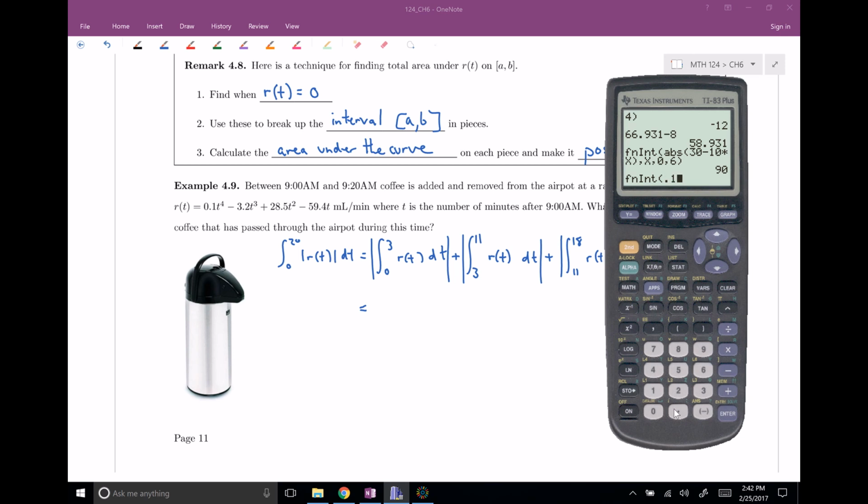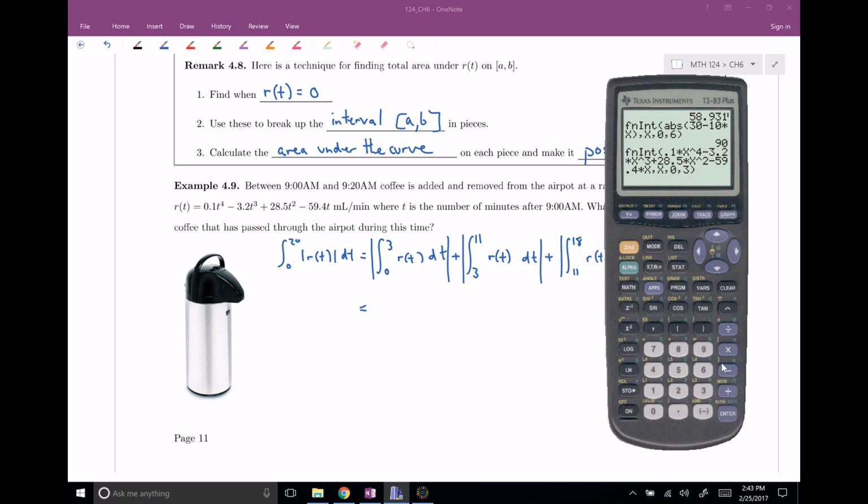So 0.1 times x to the 4th power, and then minus 3.2 times x cubed, plus 28.5 times x squared, minus 59.4 times x. Integrate with respect to x. And the first one, I want to go from 0 to 3.